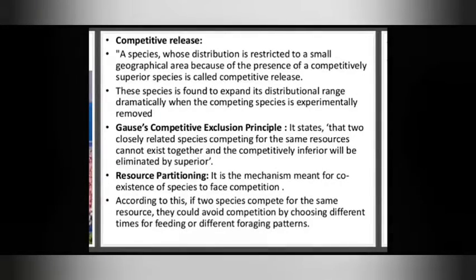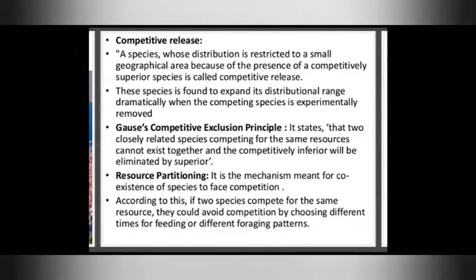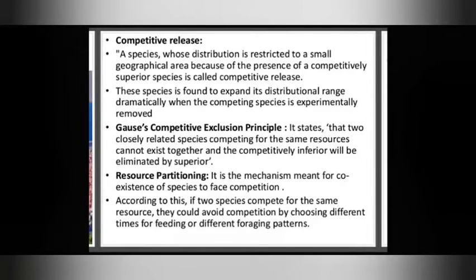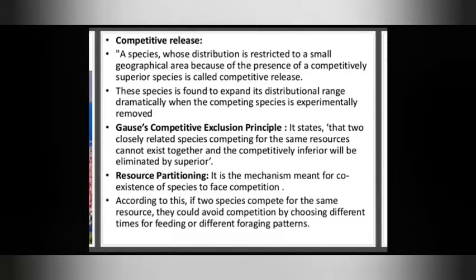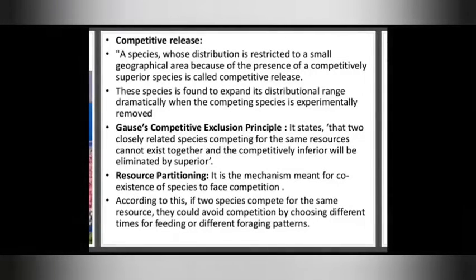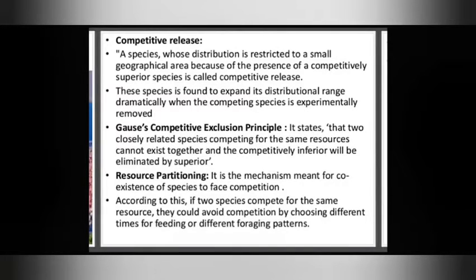Next comes the concept of Gause's competitive exclusion principle, which states that two closely related species competing for the same resources cannot exist together, and the competitively inferior species will be eliminated by the superior. That is the concept of Gause's competitive exclusion principle.